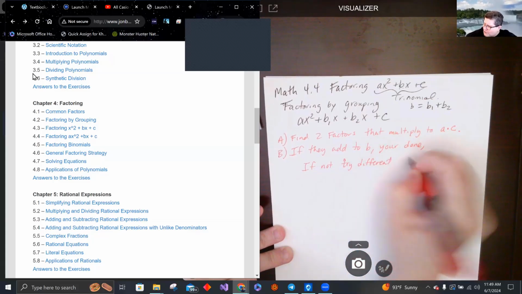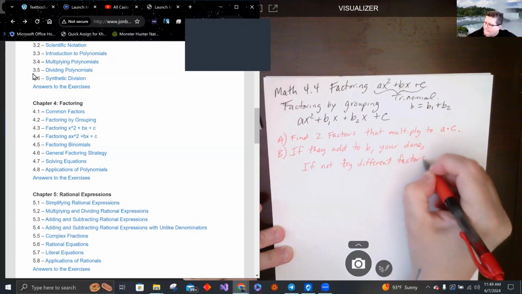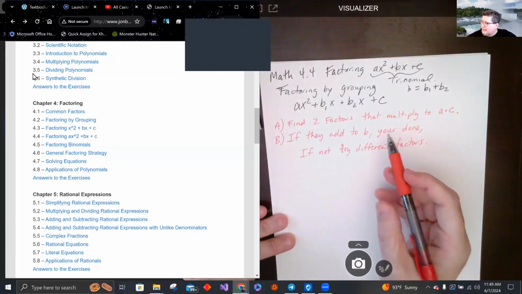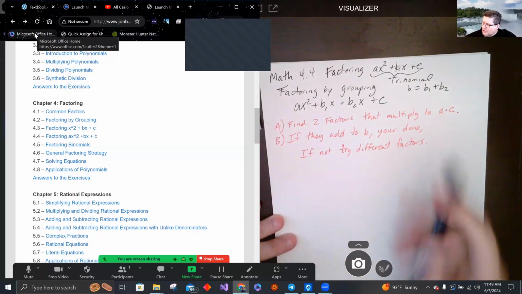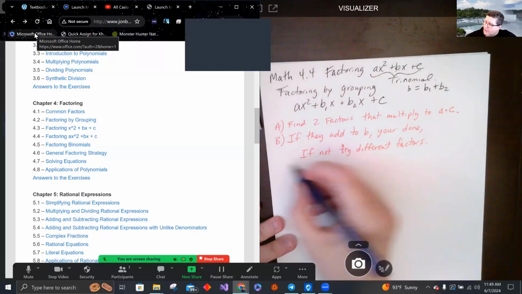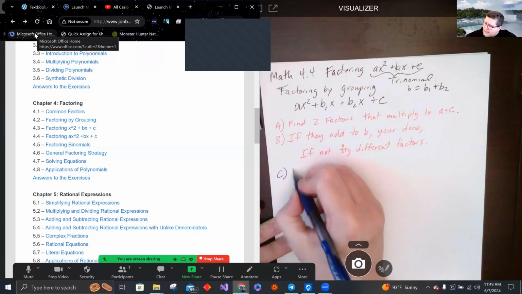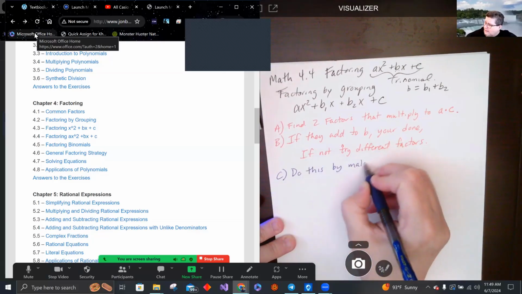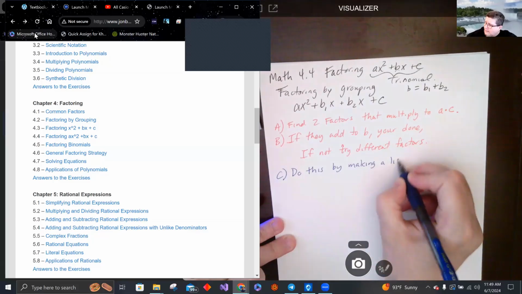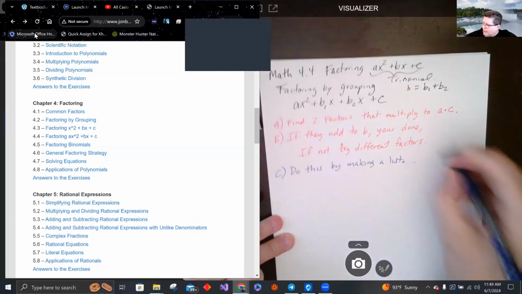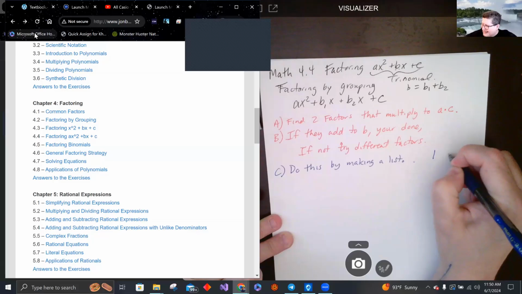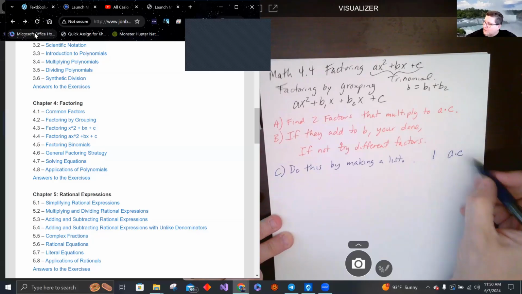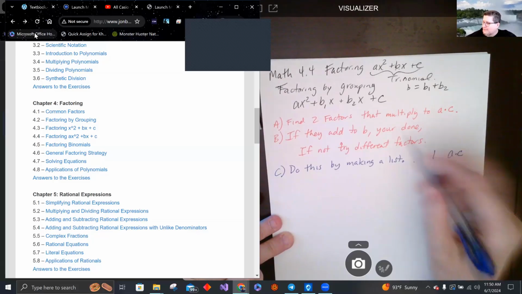Now, this is very much like his trial approach, but where we differ is we're not going to just pick two random factors. We're going to do this by making a list. And we're going to start with 1 and a times c, because 1 times a times c equals a times c.